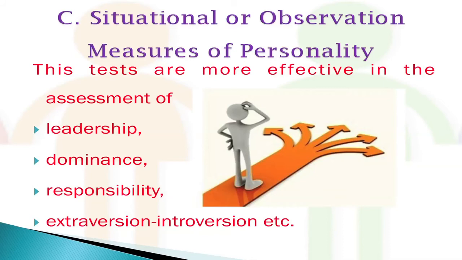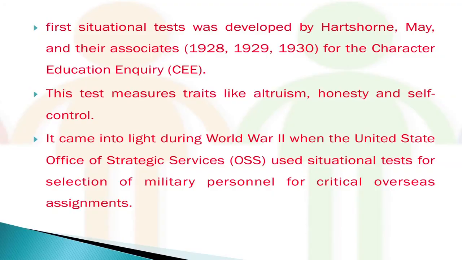These tests are more effective in the assessment of leadership, dominance, responsibility, extraversion, introversion, etc. One of the first situational tests was developed by Hartshorne, May and their associates in 1928, 1929, 1930 for the Character Education Inquiry, which is CEI. These tests measure traits like altruism, honesty and self-control.